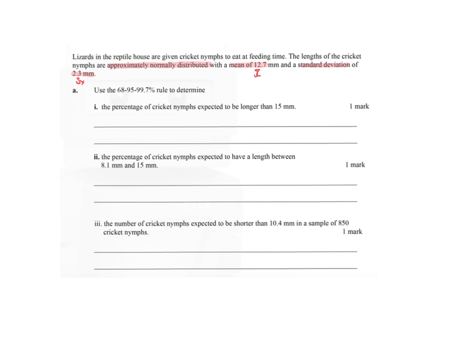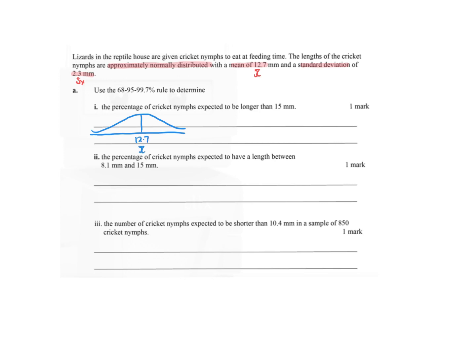It says use this rule to determine the percentage of crickets that are expected to be longer than 15 millimeters. So what I suggest you do is quickly draw up your normal bell, chuck the mean in the middle so you know that 12.7 is the mean.